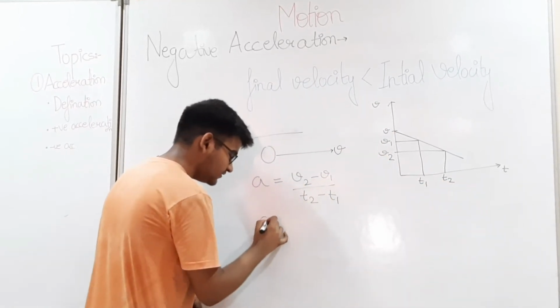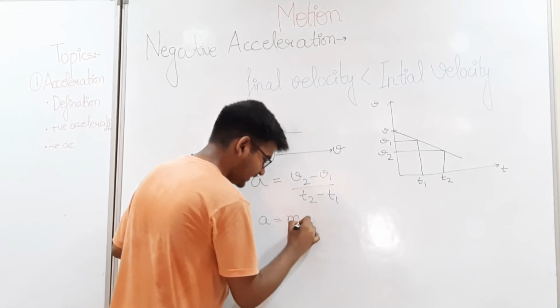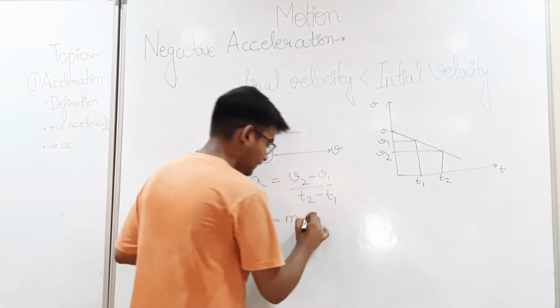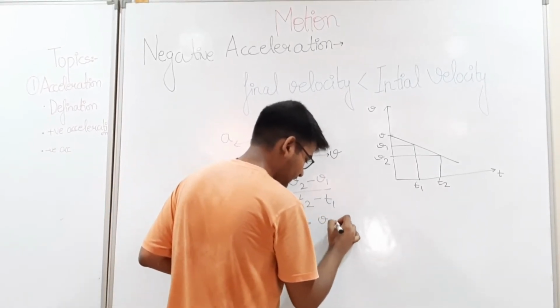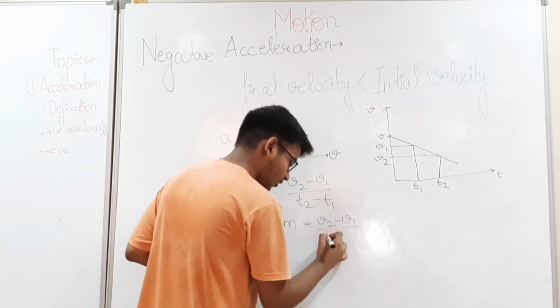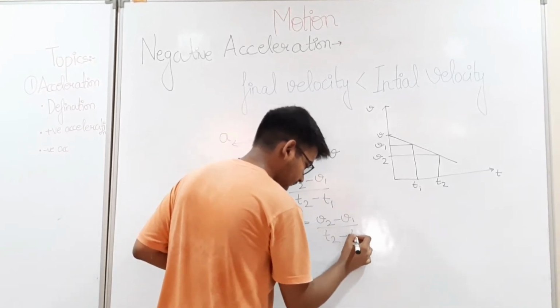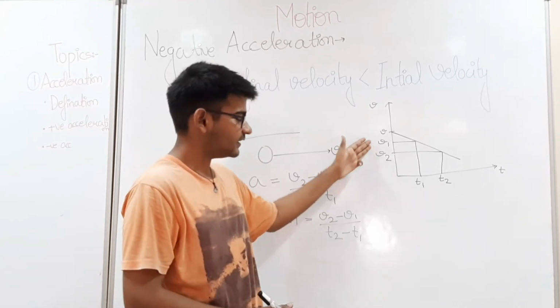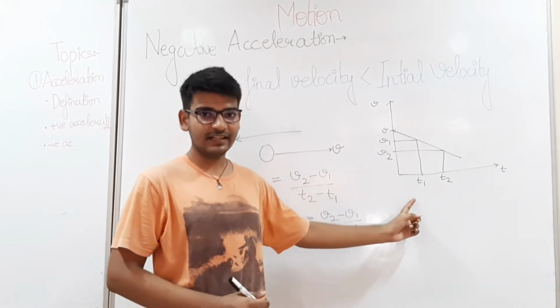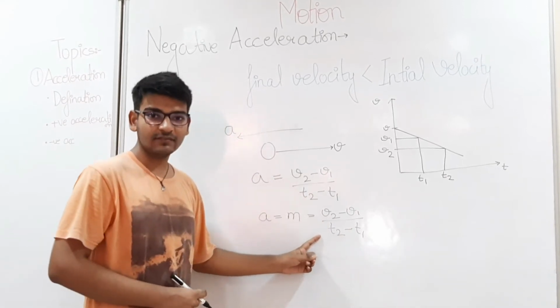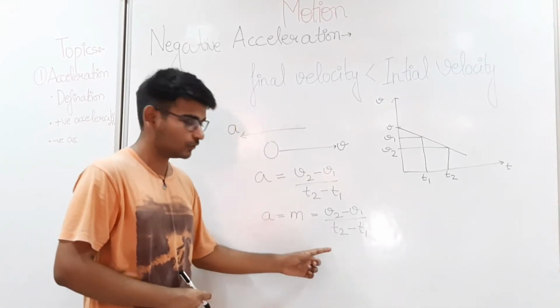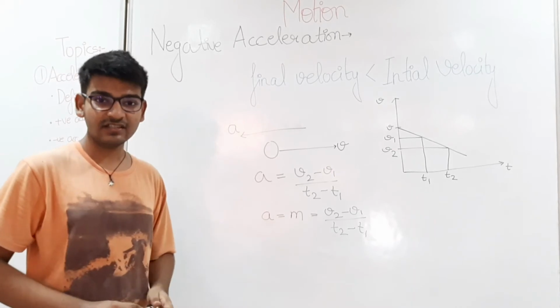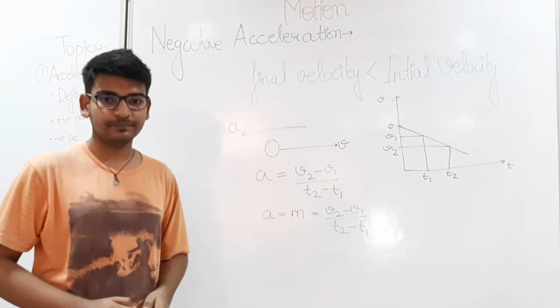So acceleration, that will be equal to m, or the slope of the line, will be v2 minus v1 upon t2 minus t1. As you can see in the graph, v2 is smaller than v1 and t2 is greater than t1. So this whole term will come out to be negative. So in this case the acceleration is negative acceleration.